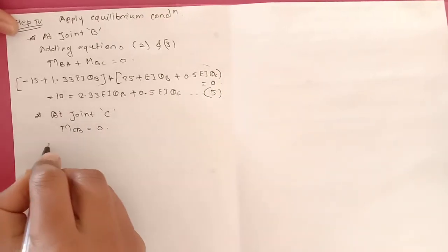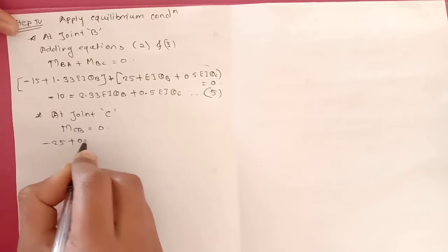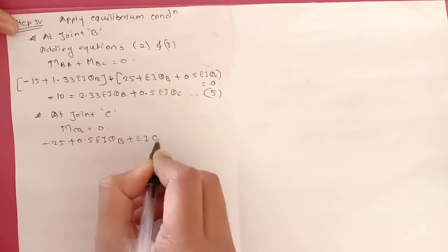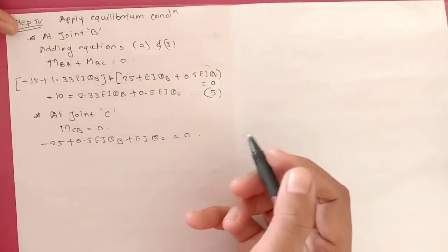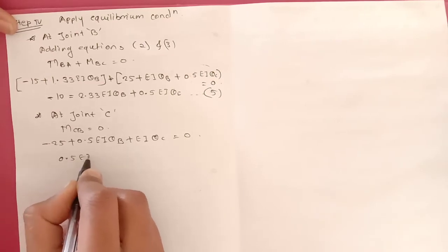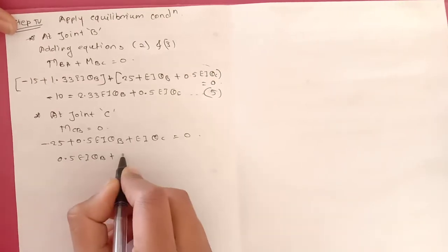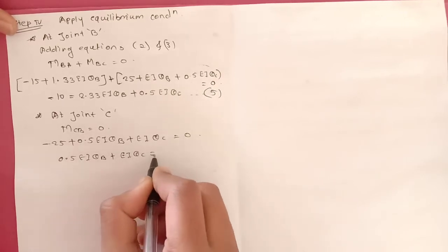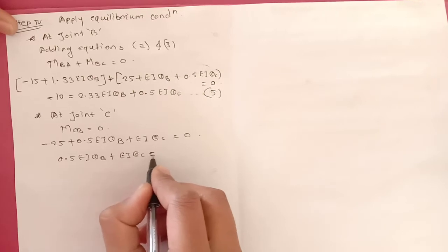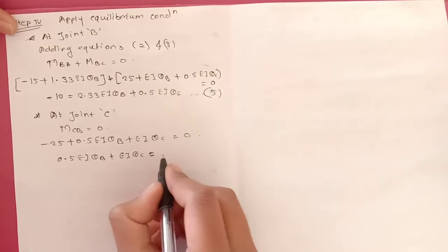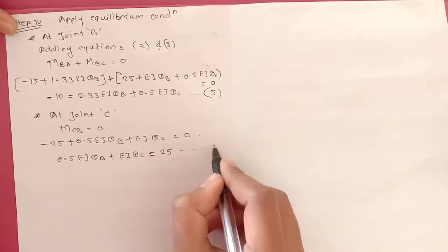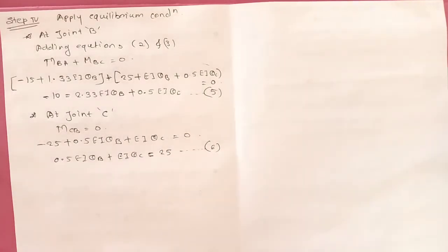The equation is minus 25 plus 0.5 EI theta B plus EI theta C is equal to 0. So solve this equation: 0.5 EI theta B plus EI theta C is equal to minus 25, so on the right hand side it becomes plus 25. This is equation number 6.